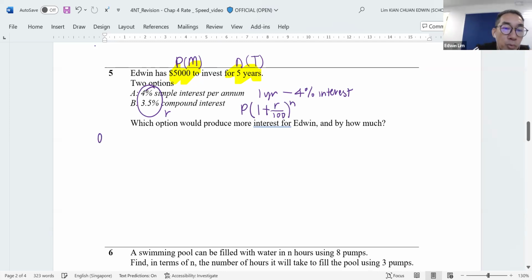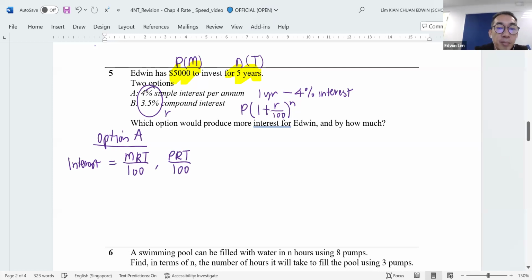So now I do option A first. Different teachers will teach differently. Some of you will actually use this formula: interest equals MRT over 100. Some teachers or the textbook will say PRT over 100. So M is talking about money, 5,000.